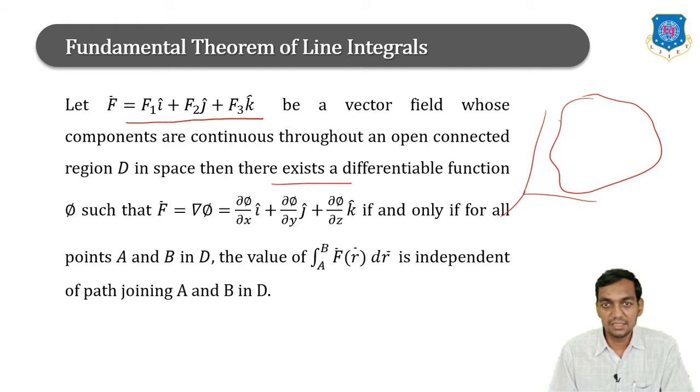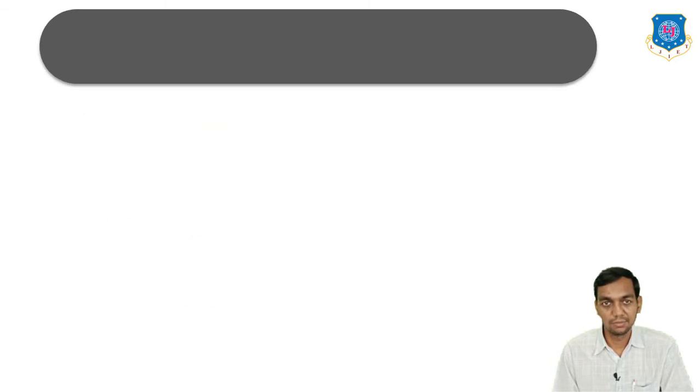Then there exists a differentiable function phi such that f bar is equal to grad phi, that is, del phi by del x i, del phi by del y j, del phi by del z k, if and only if for all points A and B in domain D, your integral from A to B of f bar dot dr is path independent, depending only on the endpoints. Done.